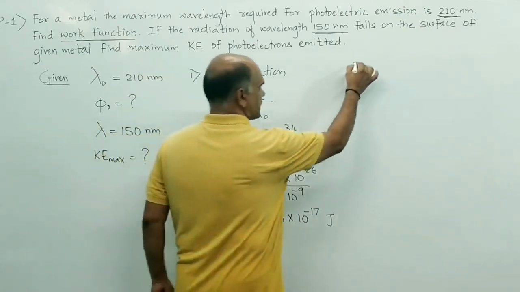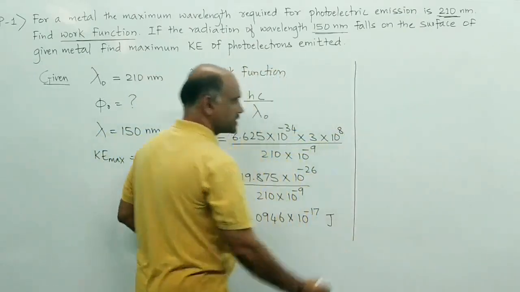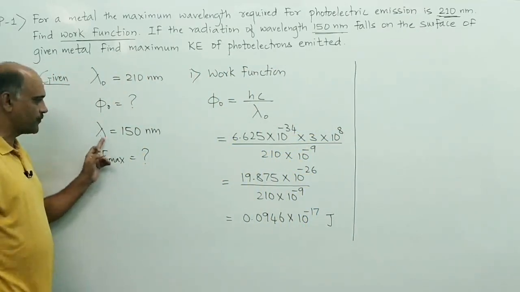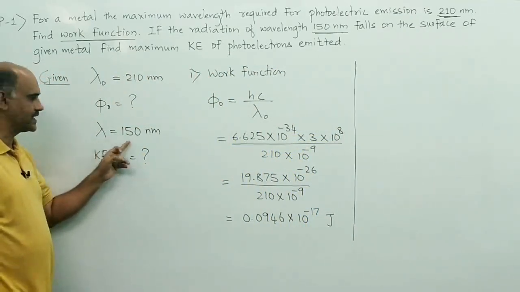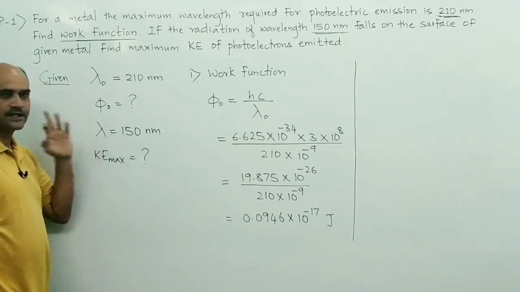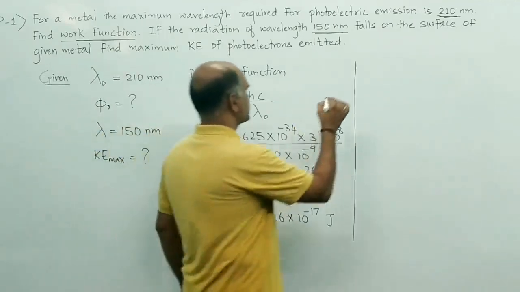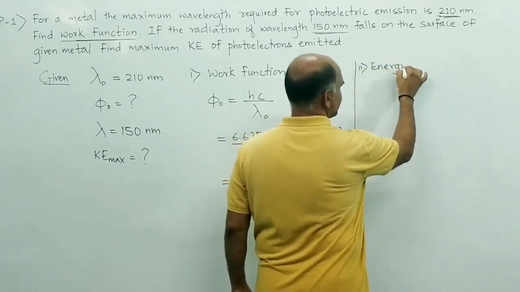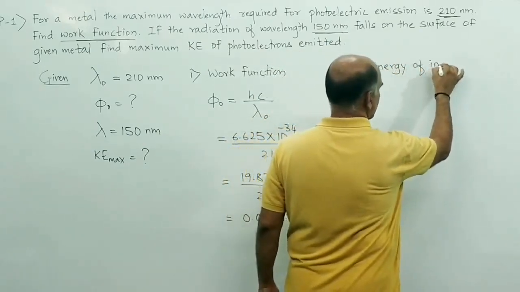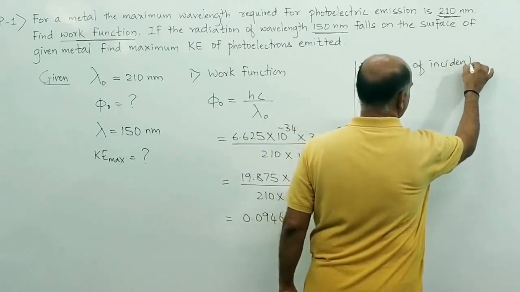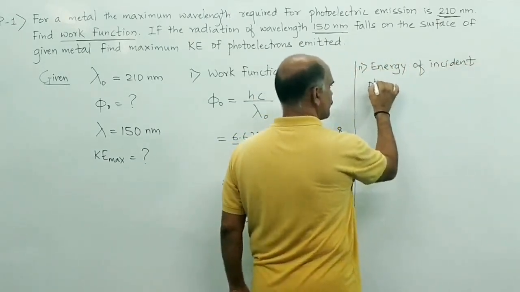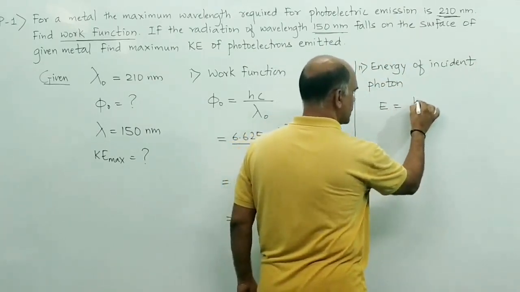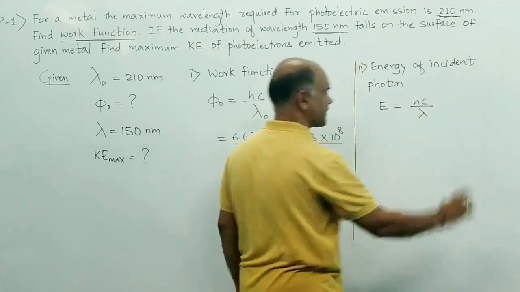Now in the second step, he has asked kinetic energy. But before that, we are required to find the energy of incident photon using lambda. So in second step, energy of incident photon, that is E is equal to hc by lambda.